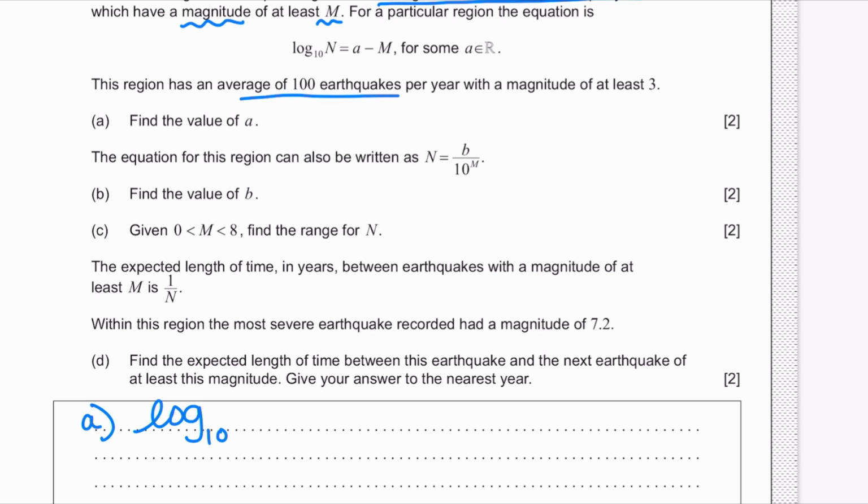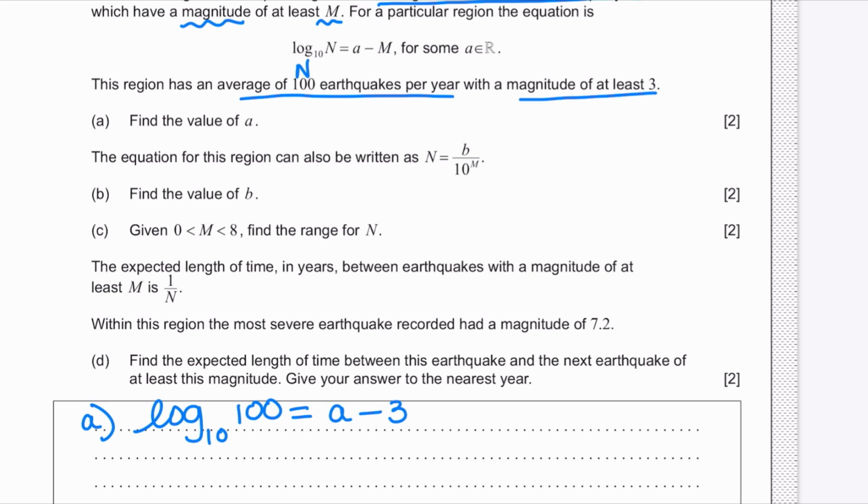So in this particular example, N is 100. So log base 10 of 100 is equal to A minus M, where M is magnitude. So the magnitude is at least 3. Just for writing this down, you are going to get 1 point.